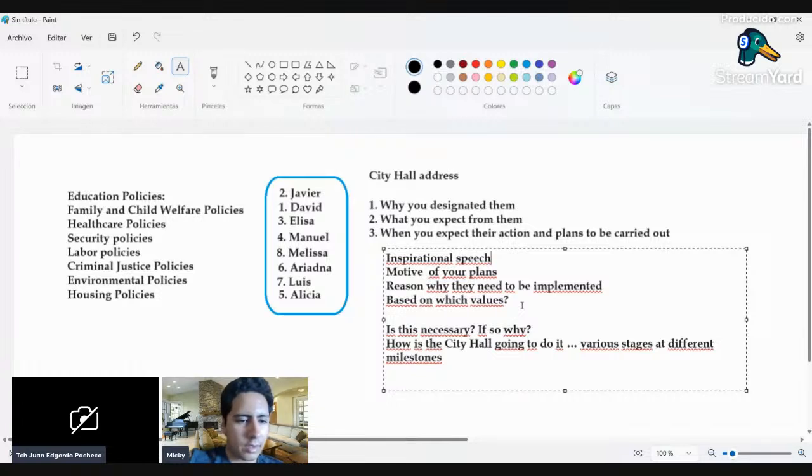The different policies that we have are divided in education, family and child welfare, healthcare, security, labor, criminal justice, environmental, and housing policies. I know that it's a lot of things to do, but I know that with the effort of the person in charge, with the society, and with me, we're going to achieve it.